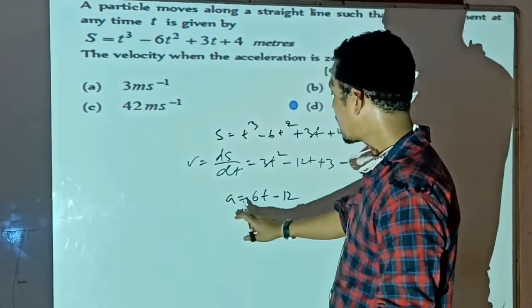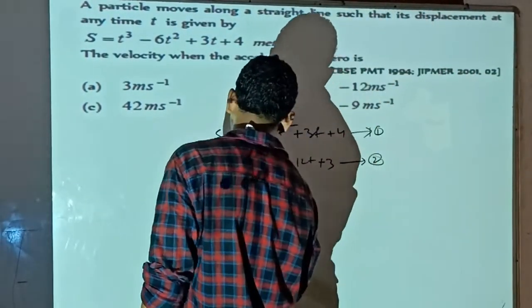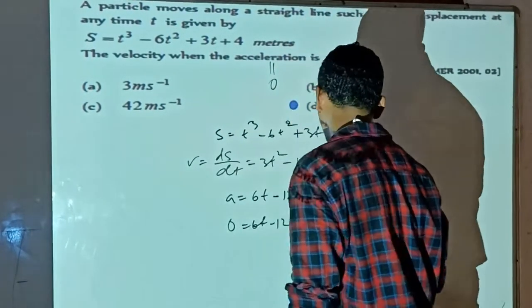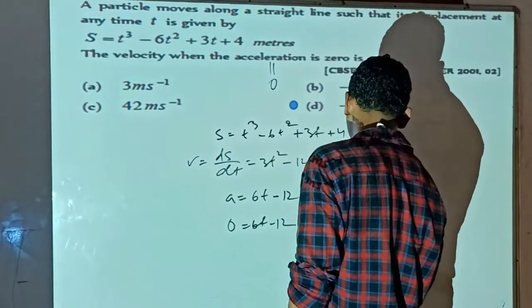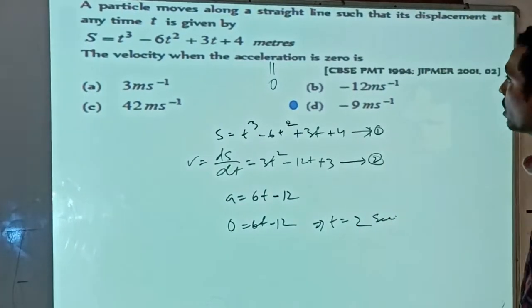Since a is given, acceleration is 0, therefore putting the value of a is equal to 0 gives t will be 2 seconds.